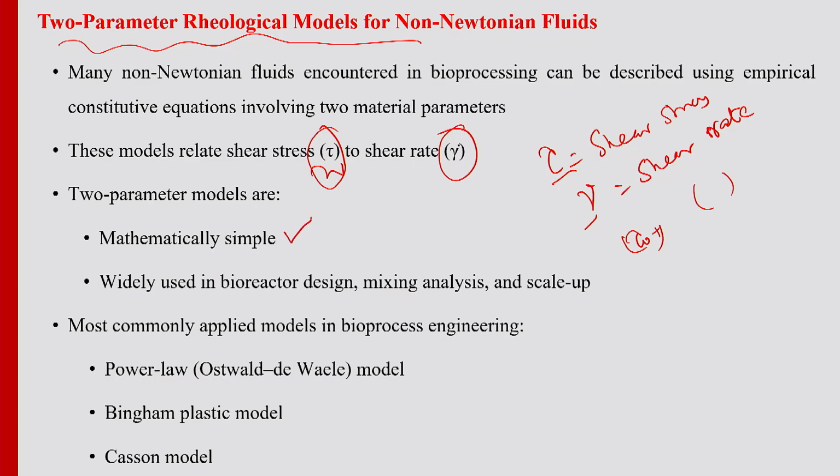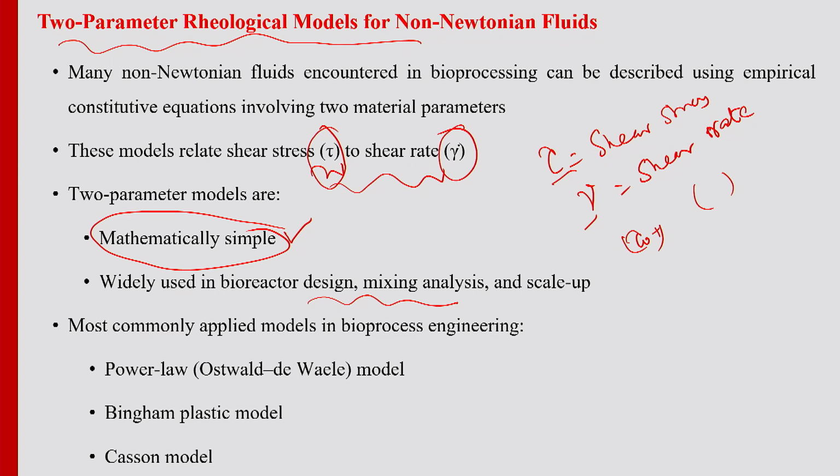As I already discussed, if it is 3-dimensional it is very difficult to solve, if 1-dimensional very easy. Same way here, if you have 2 parameters, mathematically it is very simple. So normally we always use this for design, mixing analysis and scale up.